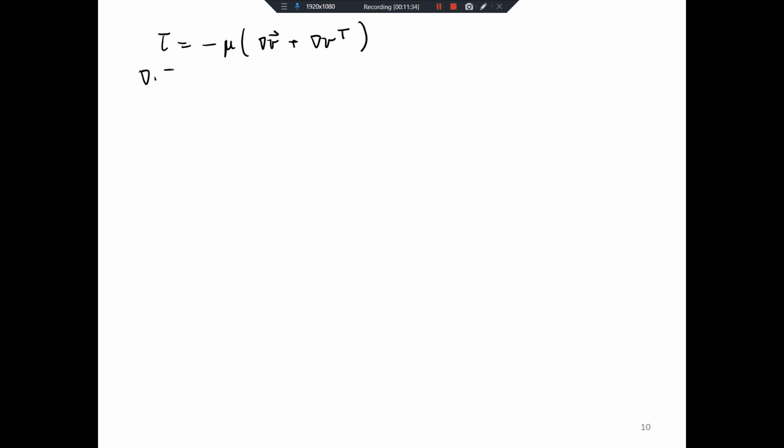When I want to take the divergence as well, I will get minus mu times the divergence of gradient of v plus the divergence of gradient of v transpose. We have just found out that this here is a 0 vector. Remember that the divergence of a tensor is a vector.